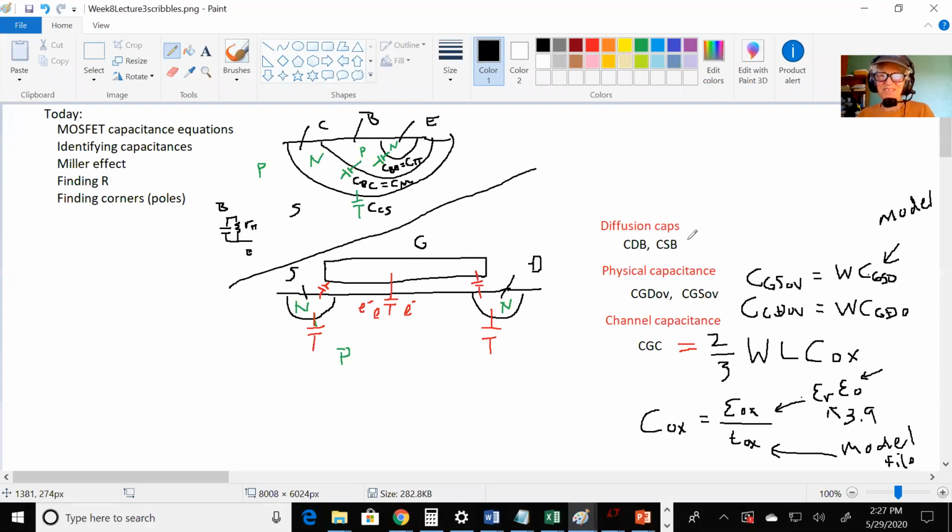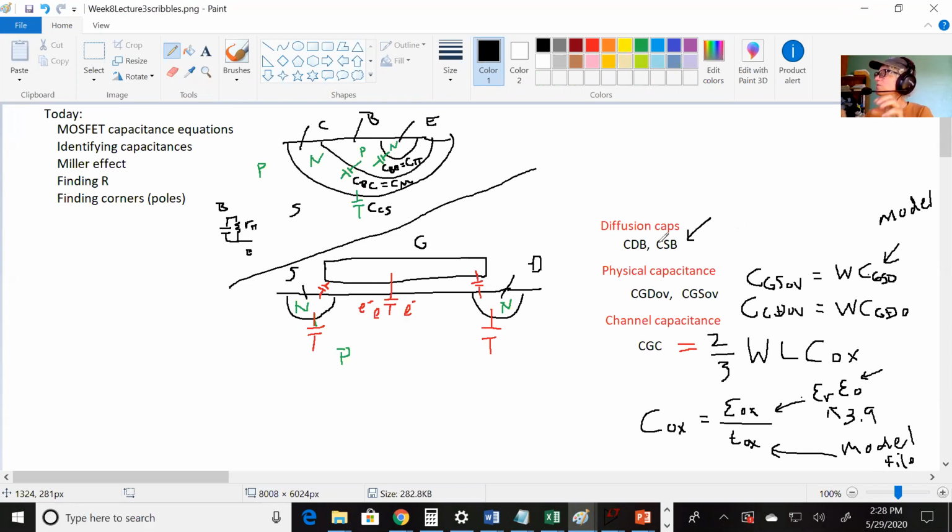Okay, so this is actually a bit more complicated. The source and the drain are the same equation, so I'll just write it once because it is complicated. Depending on what level your model is, sometimes they separate the drain and the source values.